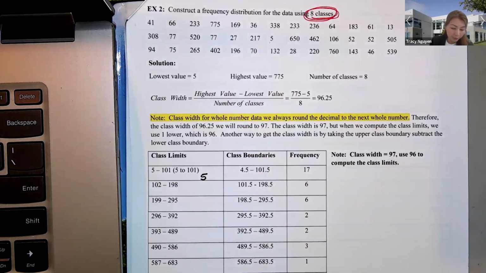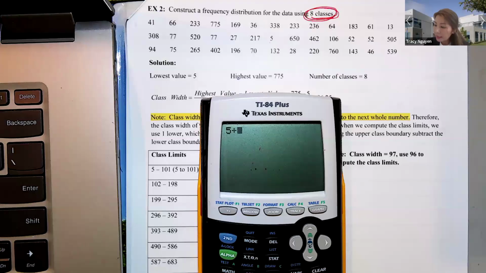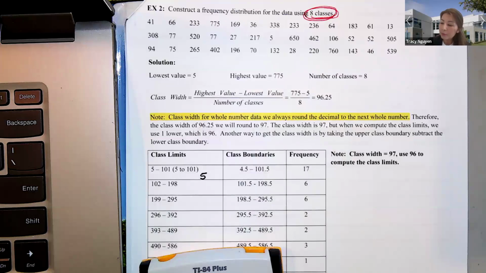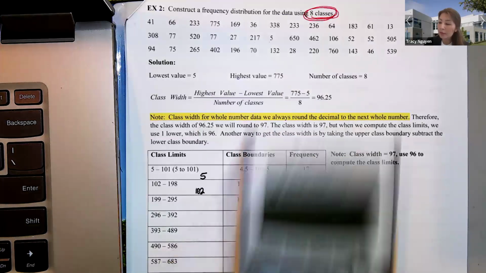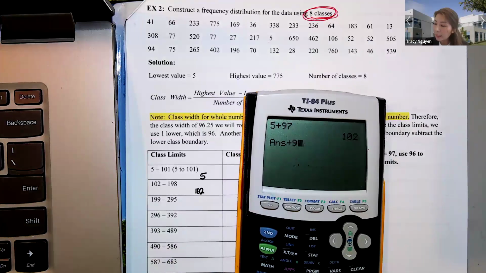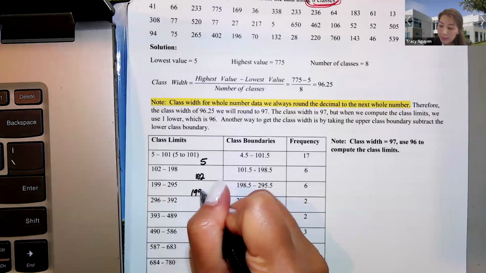So you take 5, add 97, you get 102. That means your next class would start at 102. Then you take 102, add 97, and your next class will start at 199.